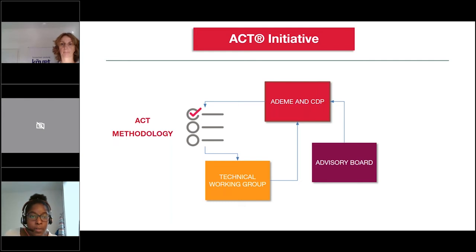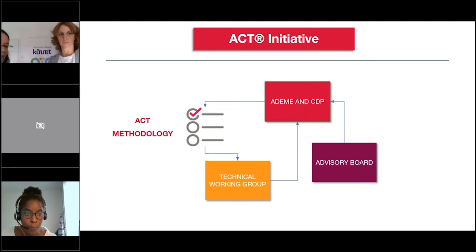So the ACT initiatives is a framework developed by ADEME, the French Environmental Agency, and the CDP, following an iterative process that involves companies from relevant organizations, think tanks, NGOs, investors, policymakers.